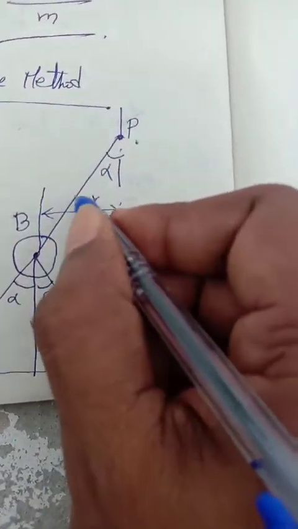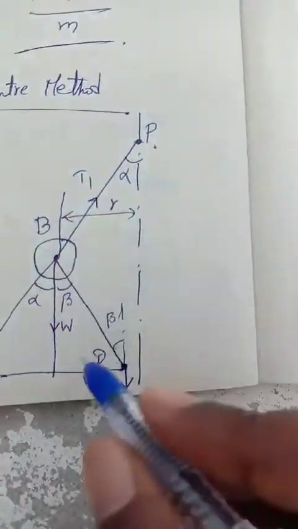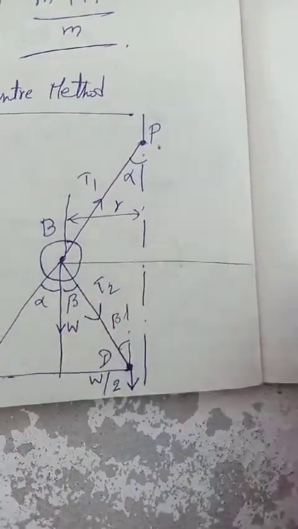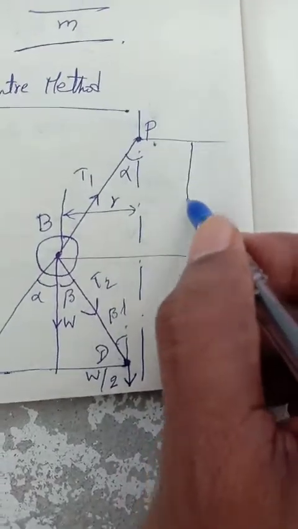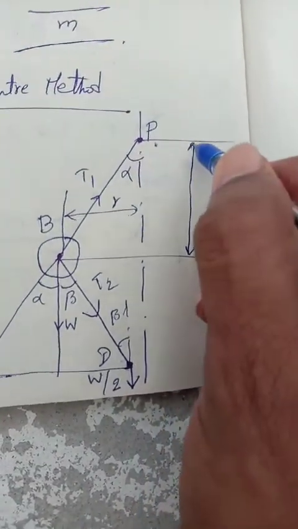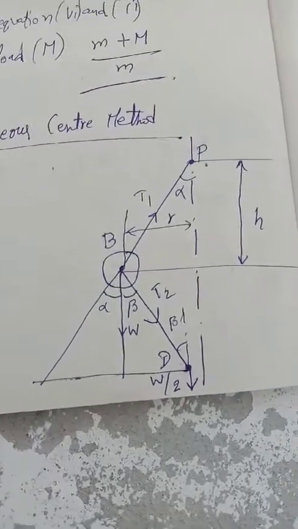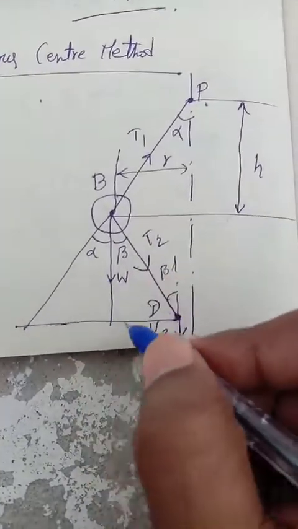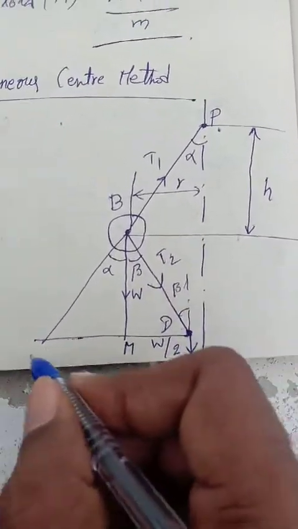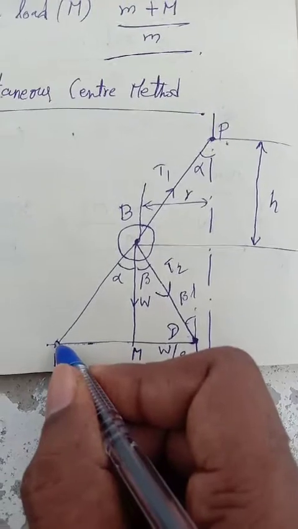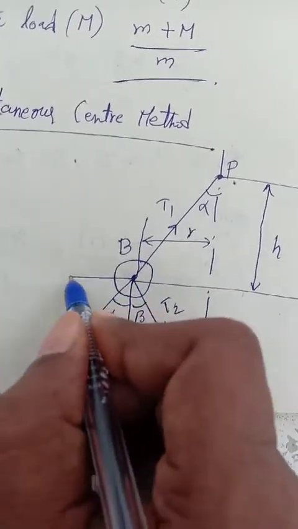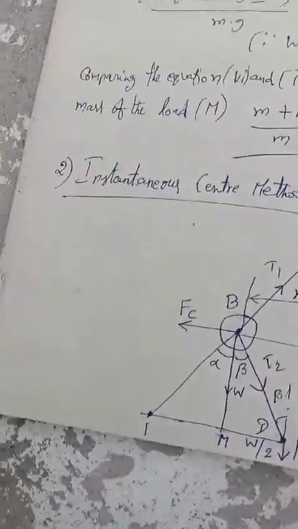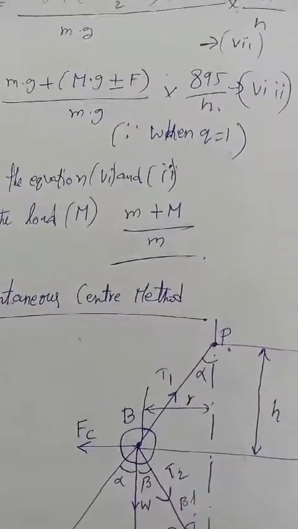And now this is T1, this is T2, and here to here is H. So now the point is called M, I, and the centrifugal force is acting like this.